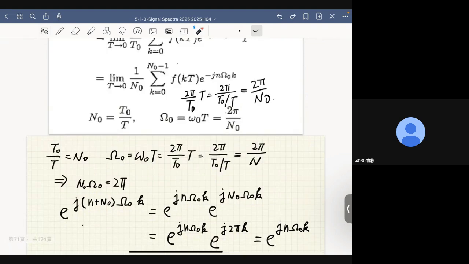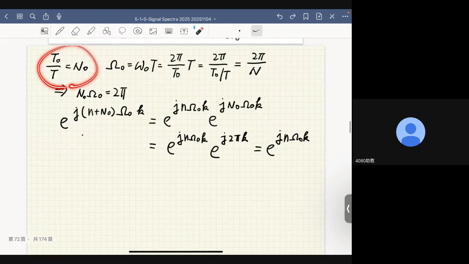Now, recall that N0 is T0 over T. N0 is the number of sampling points per period. T0, again, is the signal period. T is the sampling period. And remember that we just derived this formula. I'm sorry, this should be N0.